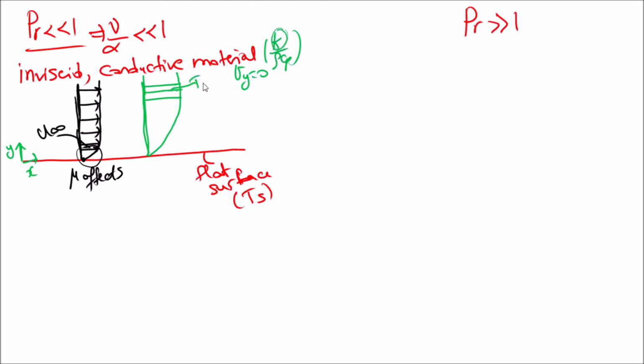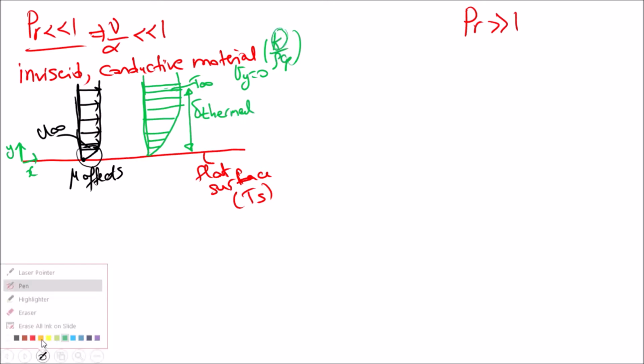Till that T infinity point you will have the boundary layer. This is the thickness of the thermal boundary layer. But the velocity boundary layer, delta velocity, is very small.